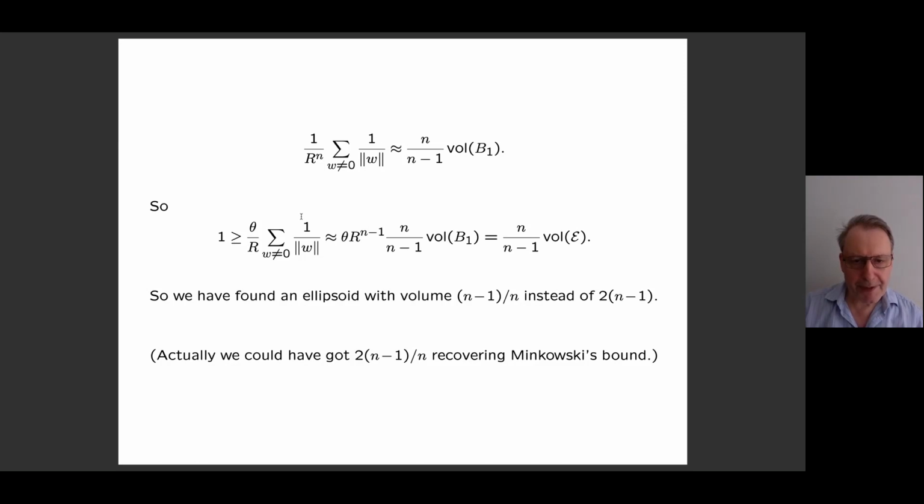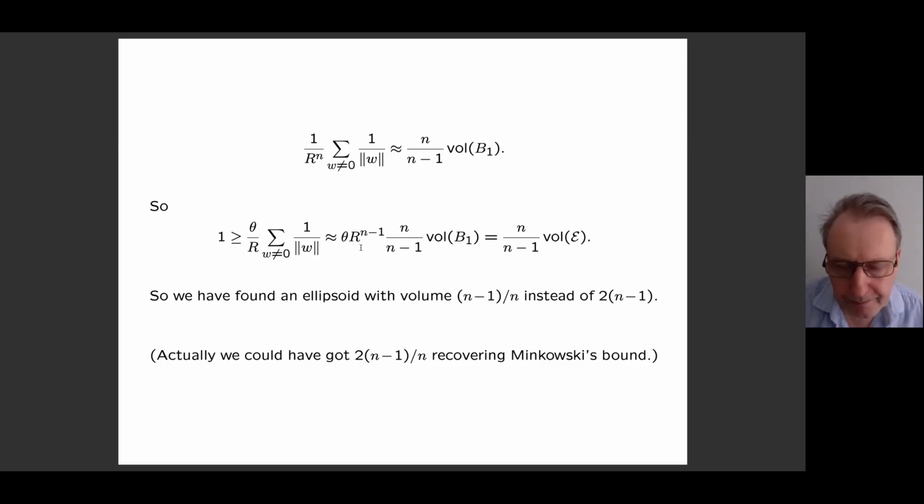And that's the same as theta times r to the n minus 1 times this thing. You see, I've got 1 over r instead of 1 over r to the n, and so it's theta times r to the n minus 1 times this thing, which is that. And so I know that the expression I want to be at most 1 is essentially this.